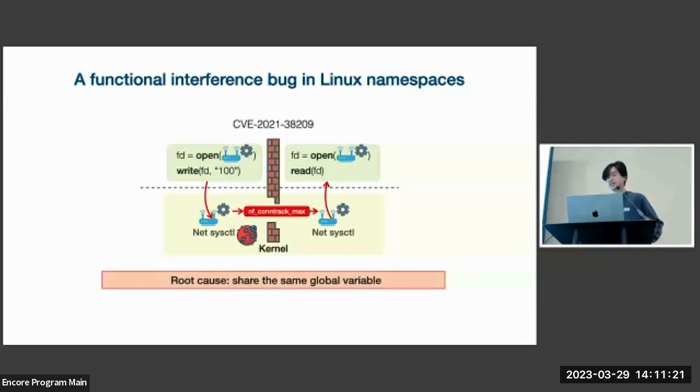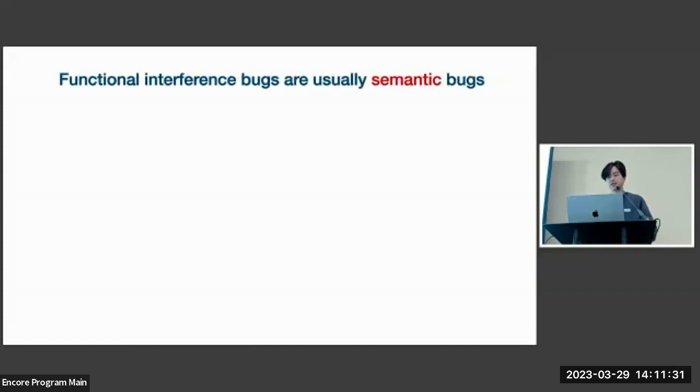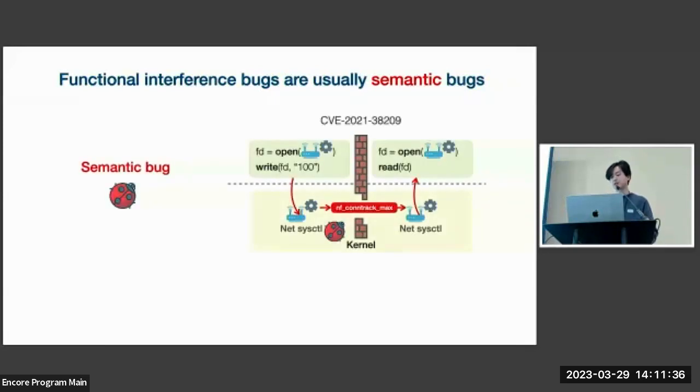Given the impact we just saw, detecting such bugs is very crucial. But unfortunately, this is very difficult. The main reason is that many functional interference bugs, just like the example we saw, are semantic bugs. They do not cause crashes. Also, they do not involve memory errors or data races.